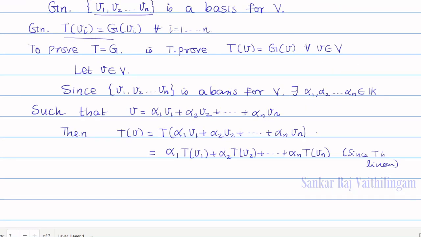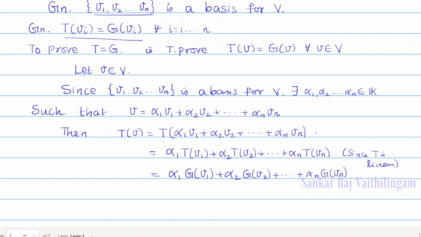Since T of Vi is equal to G of Vi, this is alpha 1 times G of V1 plus alpha 2 times G of V2 plus ... plus alpha n times G of Vn.